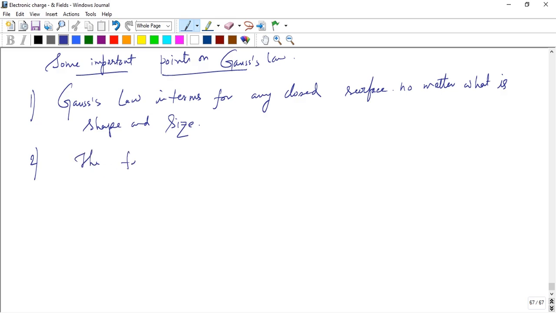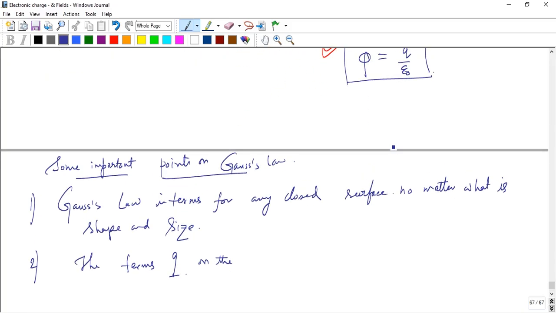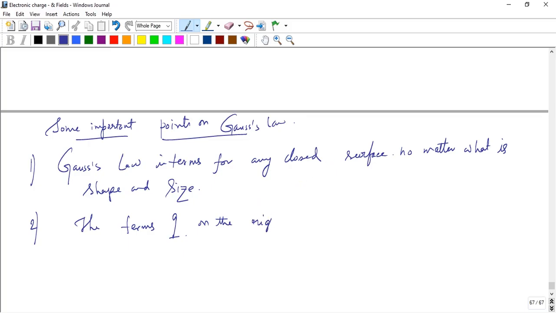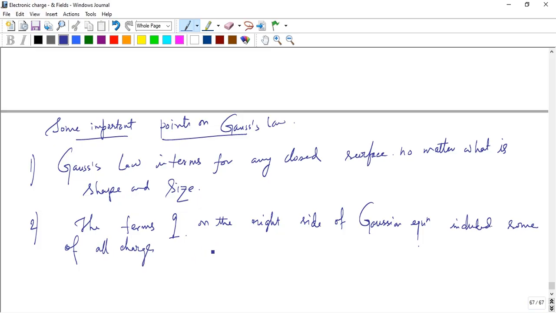the term Q, the charge Q on the right side of the Gaussian equation, includes the sum of all charges enclosed by the surface.